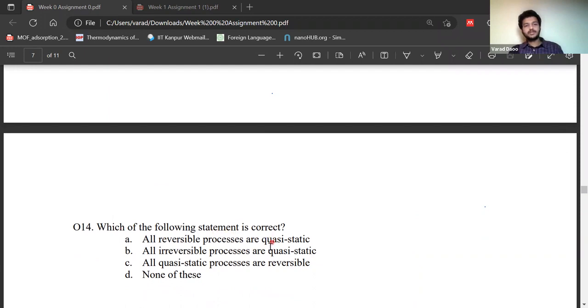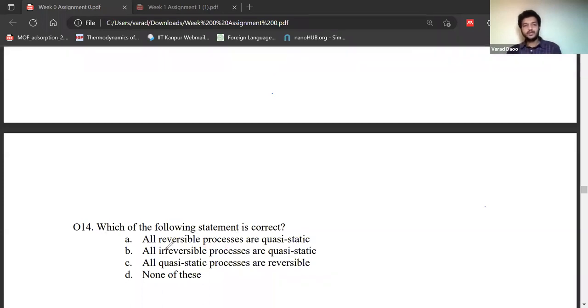Okay. So which is the next question? Which of the following statements is correct? A similar question we have already done. Are all reversible processes quasi-static processes? Is this true? Or are all irreversible processes quasi-static? Is this true? Or are all quasi-static processes reversible? So remember once again that reversible processes are processes in which both system and surrounding come back to their initial position.